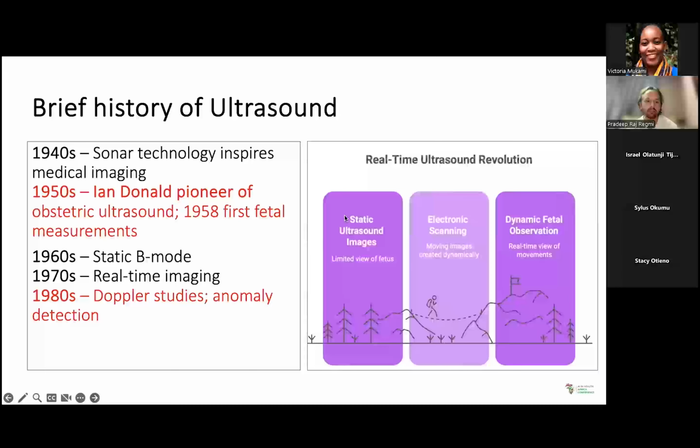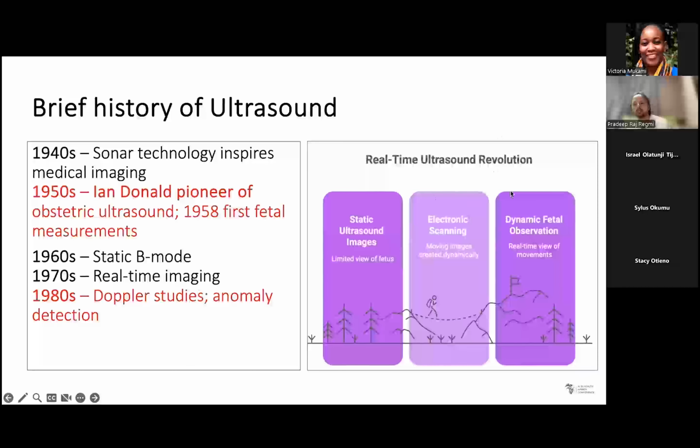And a brief history of ultrasound: we have come so far from the 1940s, which inspired medical imaging. In the past we had static ultrasound images, and in the 1950s, Donald, pioneer of obstetric ultrasound, came up with the first fetal measurements. Then coming to the 1980s, Doppler studies and anomaly detection started.